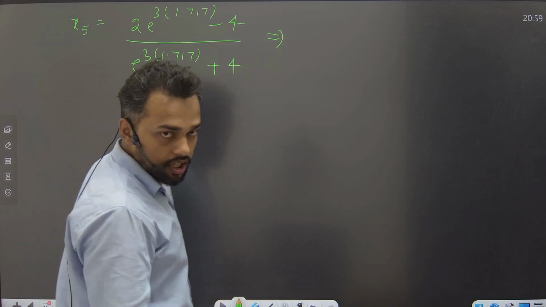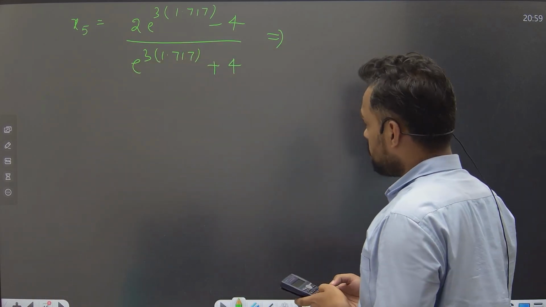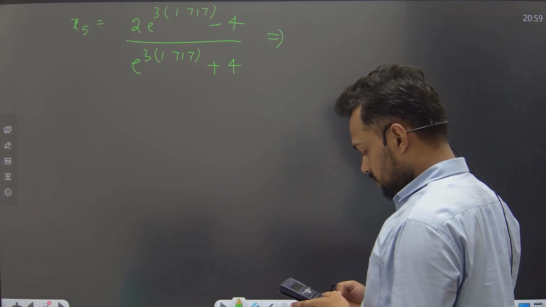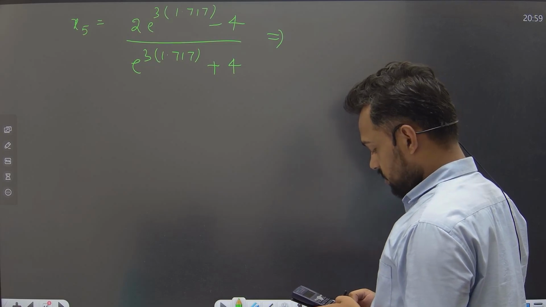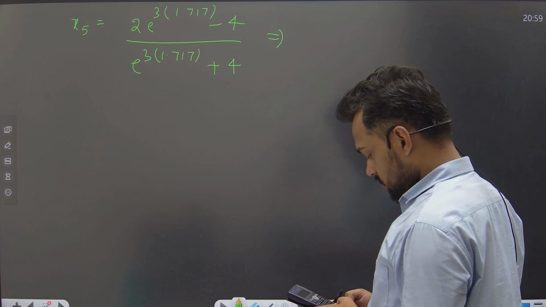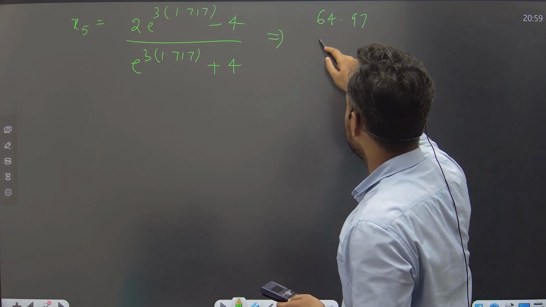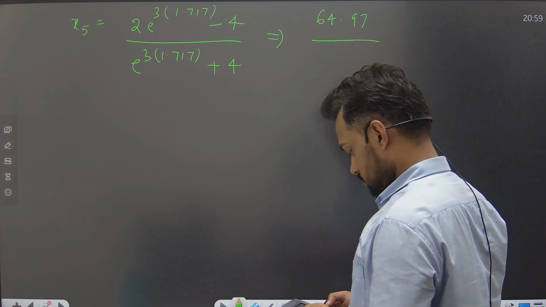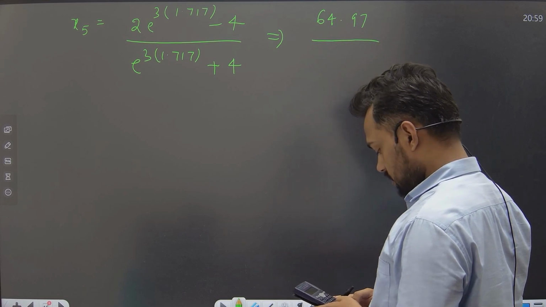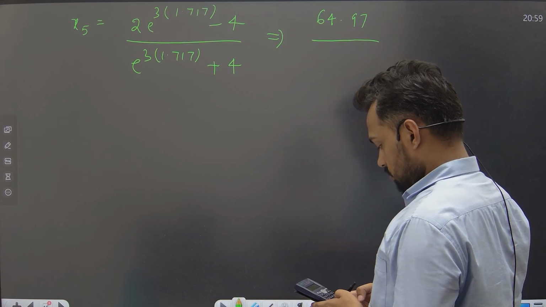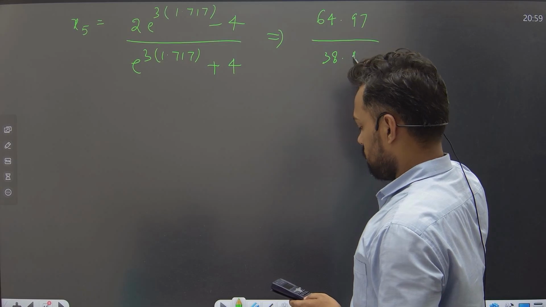Let's see what we are getting. e^(3 times 1.717) is 34.48, into 2 minus 4, we are getting 64.97 on the numerator, and e^(3 times 1.717) plus 4, we are getting 38.48.